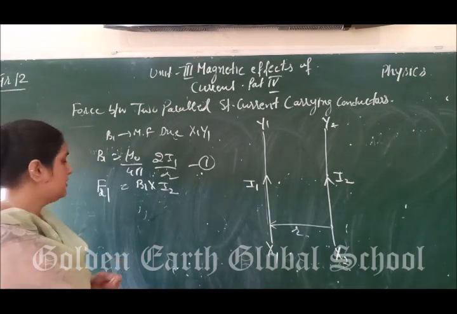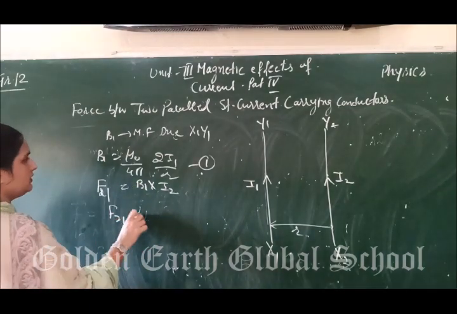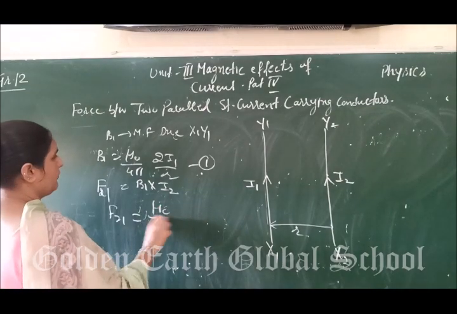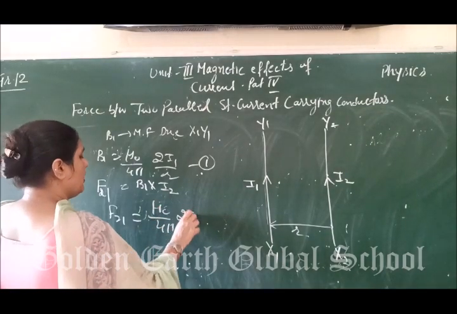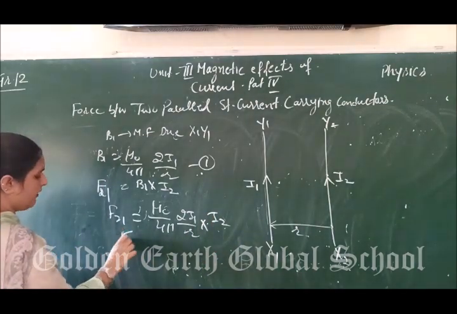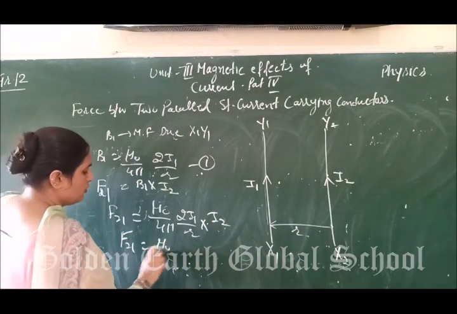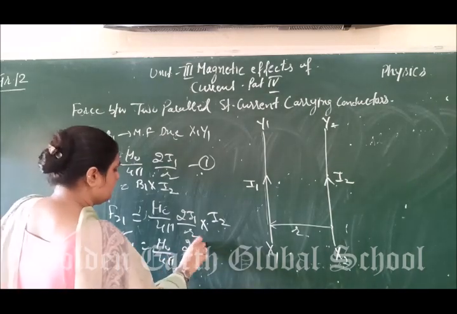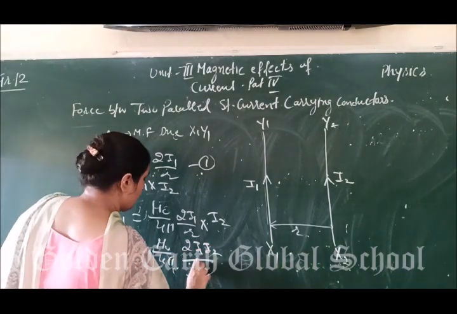Sin 90 will be 1. So F21 is equal to mu naught by 4 pi, 2 I1 by R, into I2, or F21 is equal to mu naught by 4 pi, 2 I1 I2 upon R.